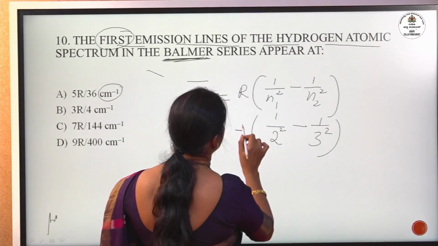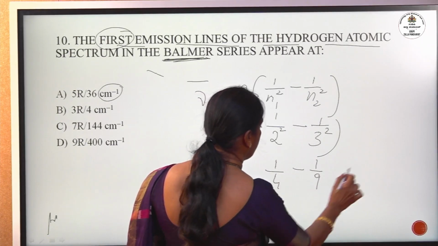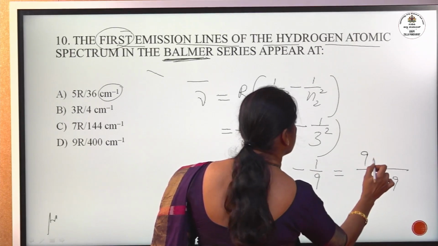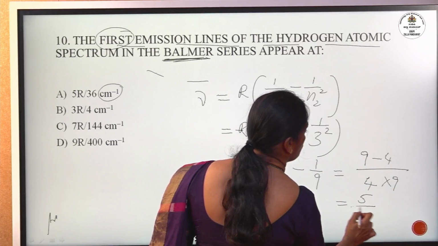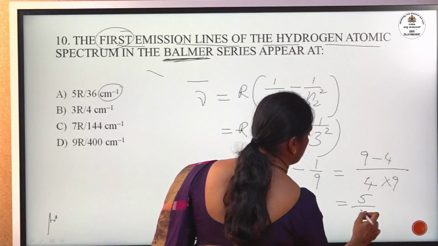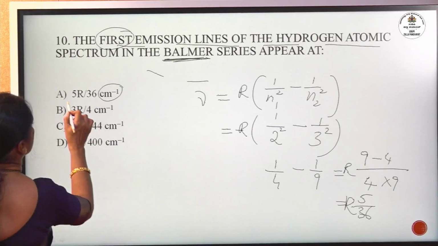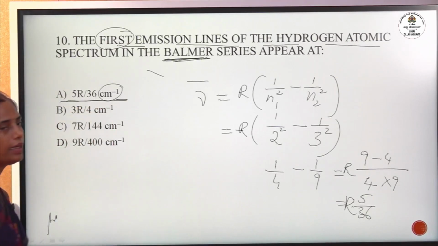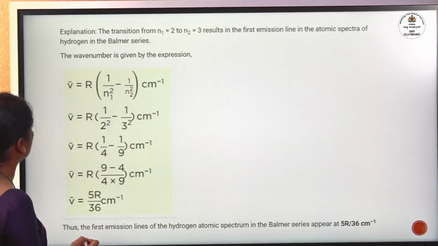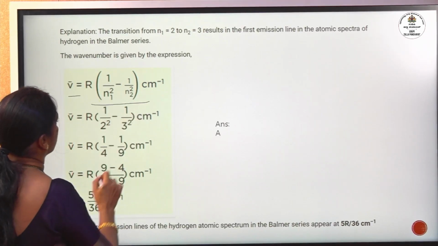On simplifying, this is 1 by 4 minus 1 by 9, which is 9 minus 4 by 36, which is 5 by 36. With R, it is 5R by 36 per centimeter. So option is A.